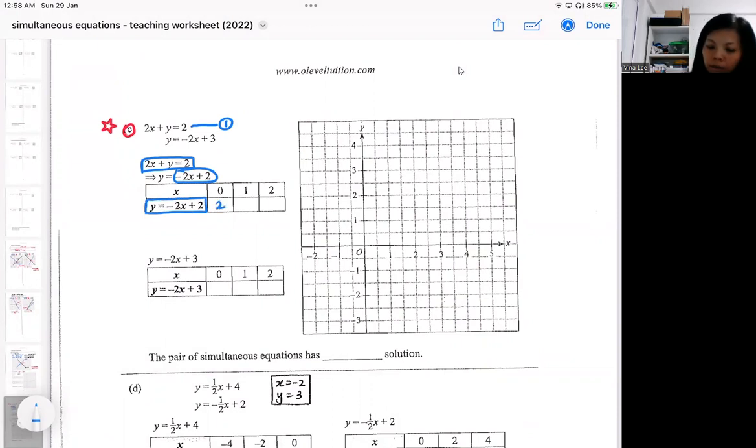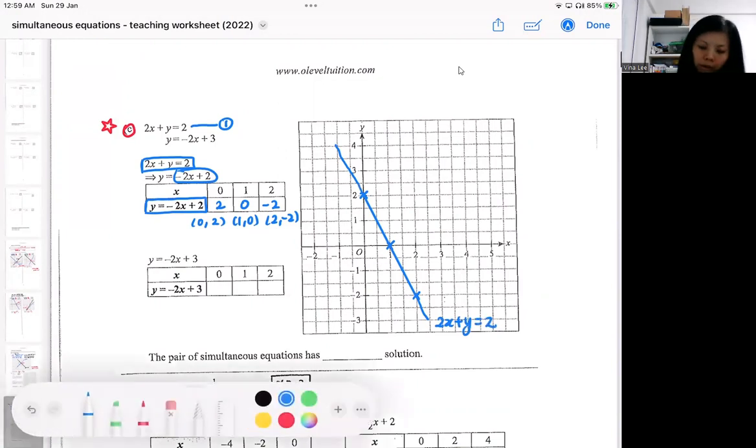So put in the numbers and you will get the coordinates. So then you start plotting. If your coordinates don't form a straight line, then you might have made a careless mistake somewhere. So that will be the first equation.